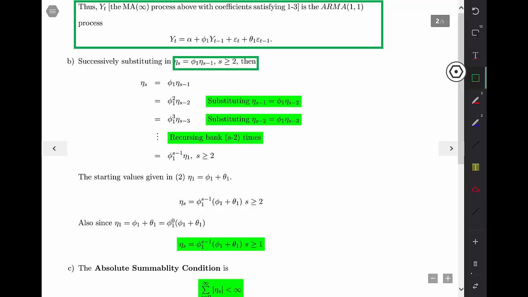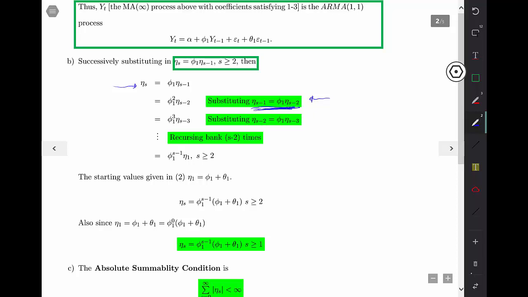Well, e_s for s greater than or equal to 2 is just a first order difference equation. So the next part is going to solve for e_s. Using the definition, e_s is psi1 e_{s-1}. Then substituting in, recursing back, e_{s-1} is psi1 e_{s-2}.